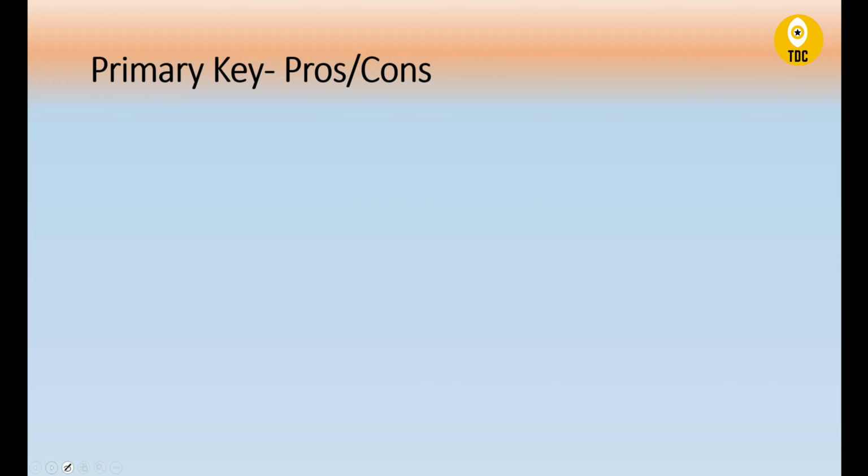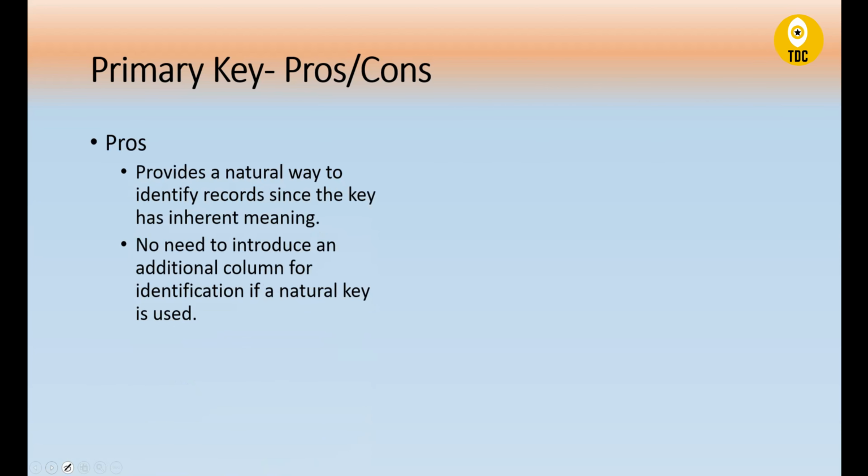And what are the different pros and cons of using the primary key, if you want to really see. The pros are that it provides a natural way to identify records uniquely, since the key has an inherent meaning. Employee ID has an inherent meaning: it is an ID to identify a particular employee. A product ID is an ID to uniquely identify a product, right?